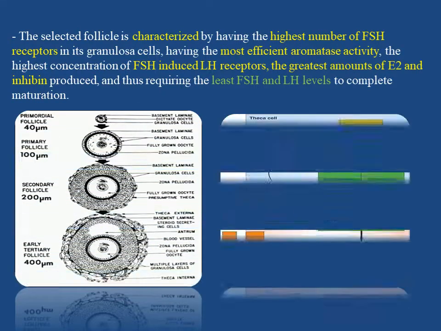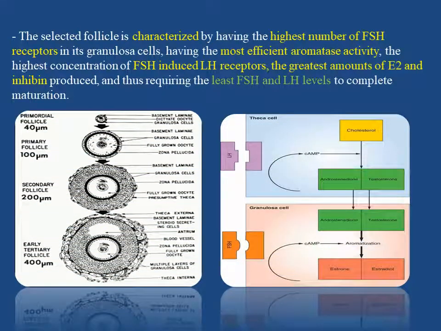The selected follicle is characterized by having the highest number of FSH receptors in the granulosa cell, the most efficient aromatase activity, the highest concentration of FSH-induced LH receptors, and the greatest amount of estradiol and inhibin produced. Thus, they require the least FSH and LH level to complete maturity.